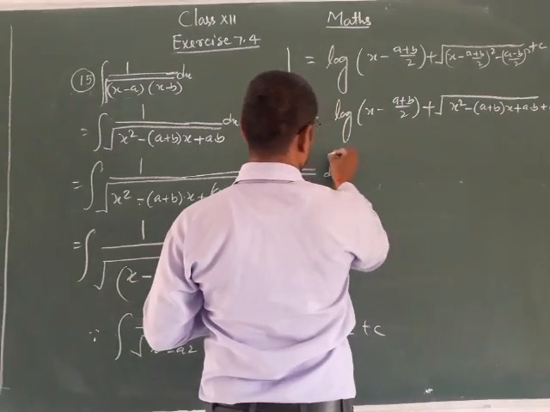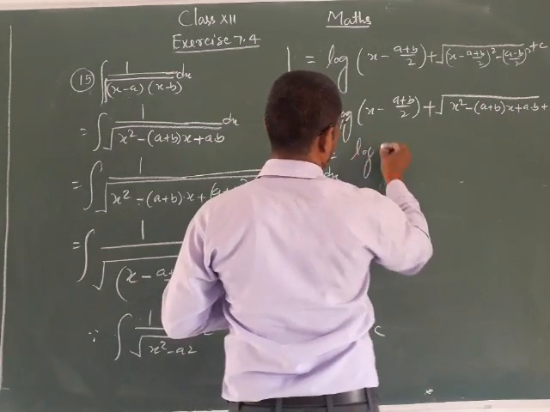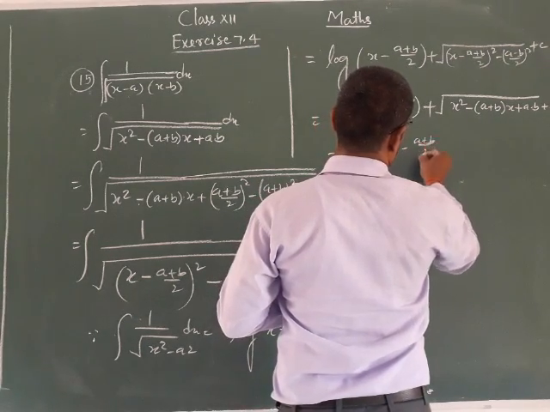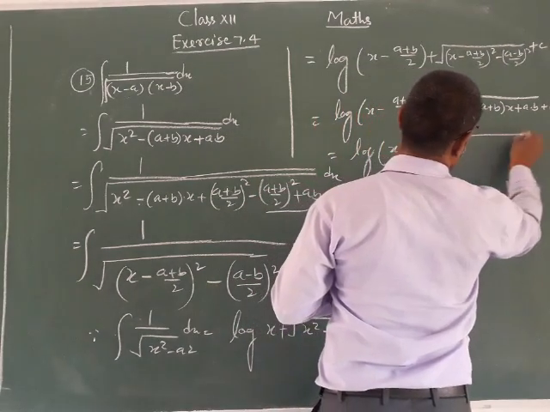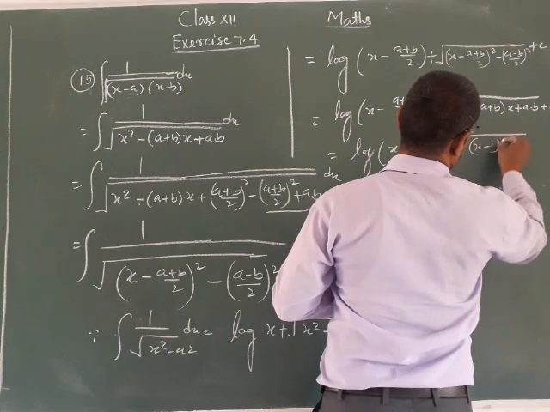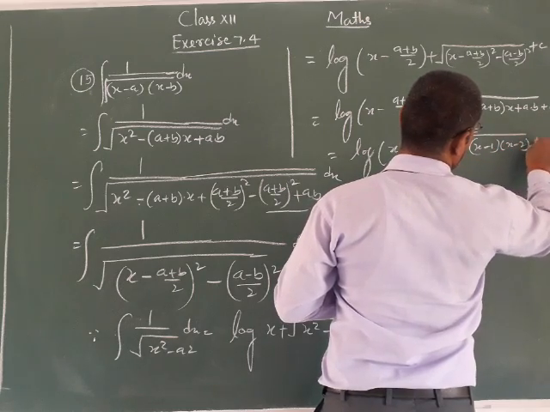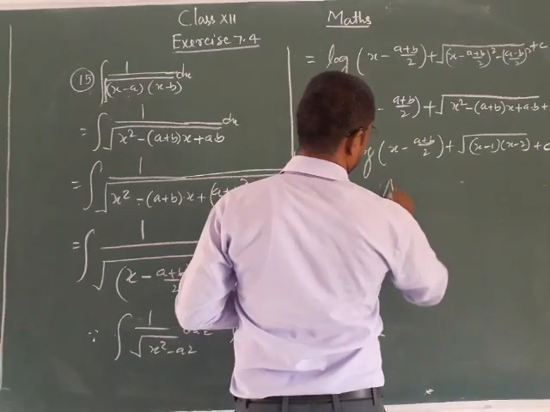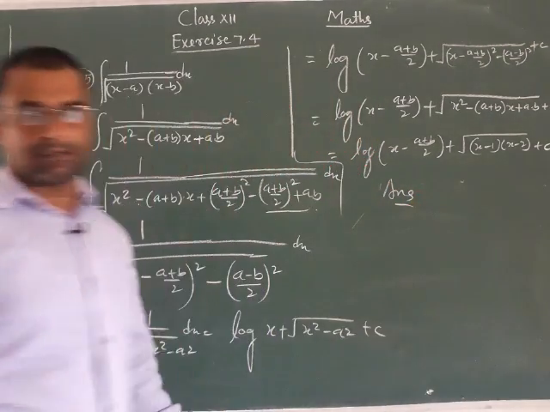Also you can write log of x minus (a plus b) upon 2, plus root of (x minus 1) into (x minus 2), plus c. This is the answer.